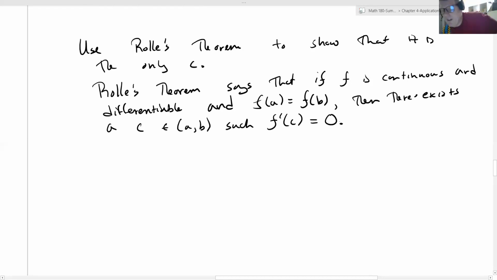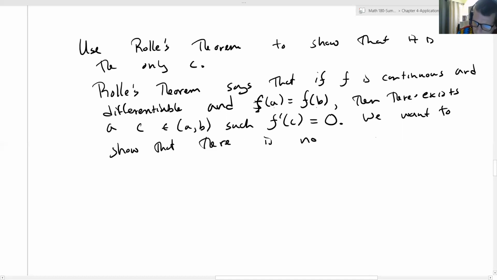Basically, there exists some kind of minimum or maximum on that function. So what we're going to see is that we're positing that there is no a and b, so only one value such that f of a equals 0 and f of b equals 0.